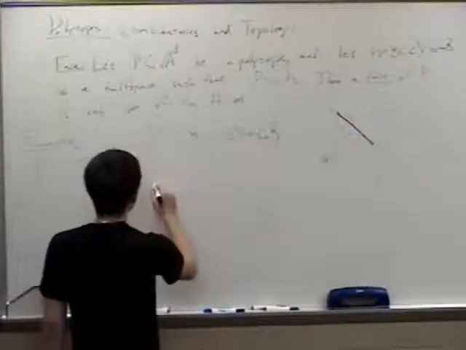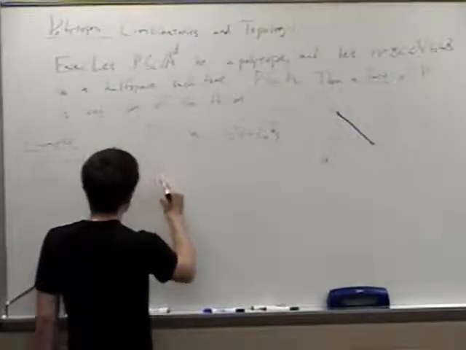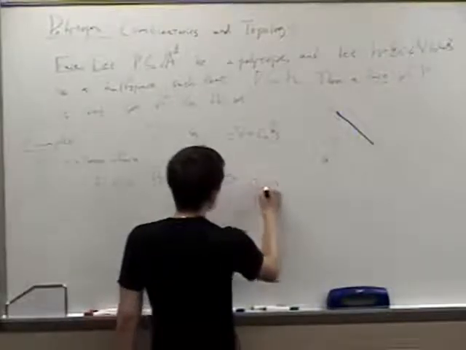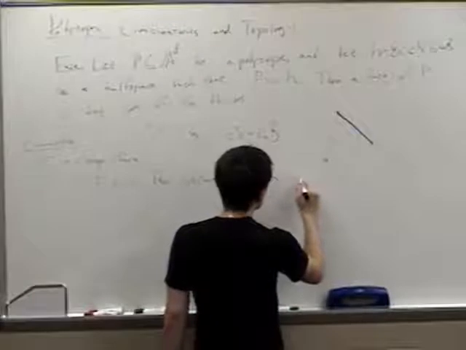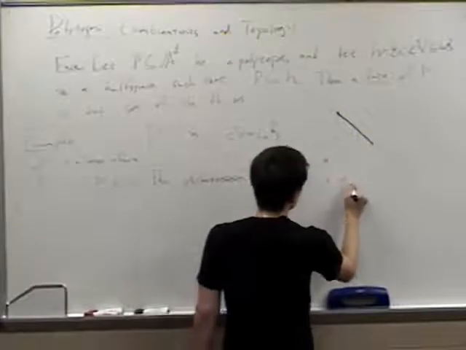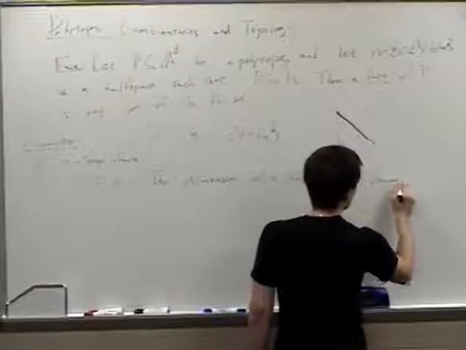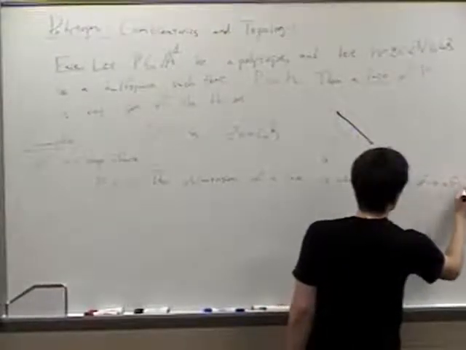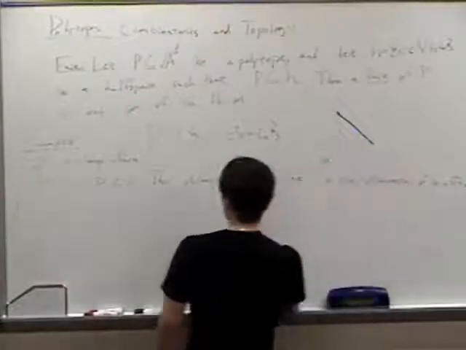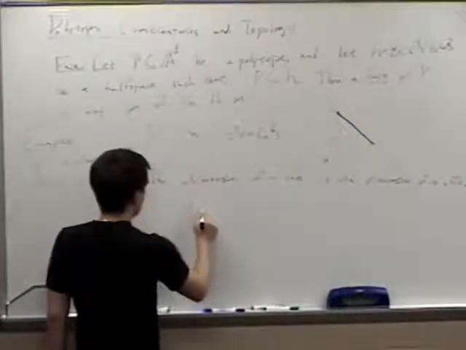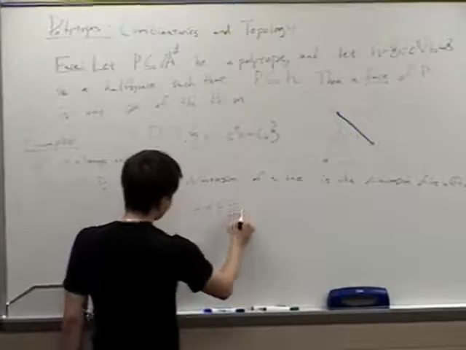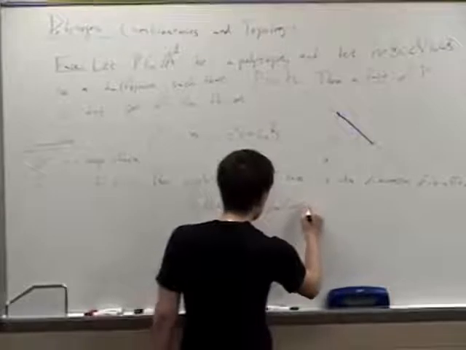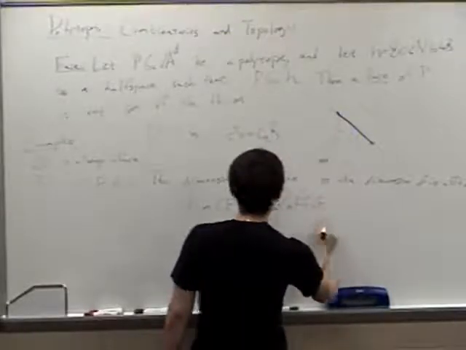So we're going to say for any face, the dimension of a face is the dimension of its affine hull. So this is just a bit of notation here. We'll write the dimension of F is equal to the dimension of the affine hull of F, right?